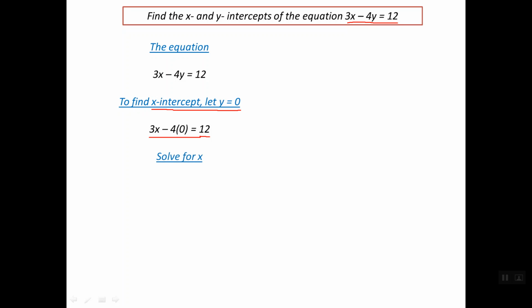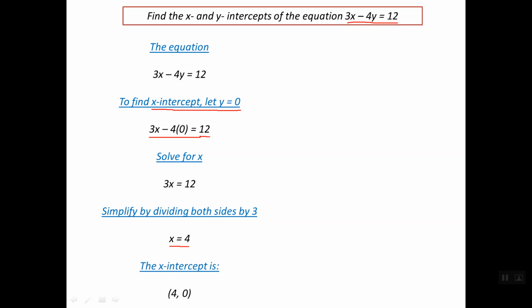If you solve for x, 3x equal to 12. Simply we can divide both sides of the equation by 3, so we get the value for x is equal to 4. So the coordinates of the x-intercept point are simply 4 and 0.